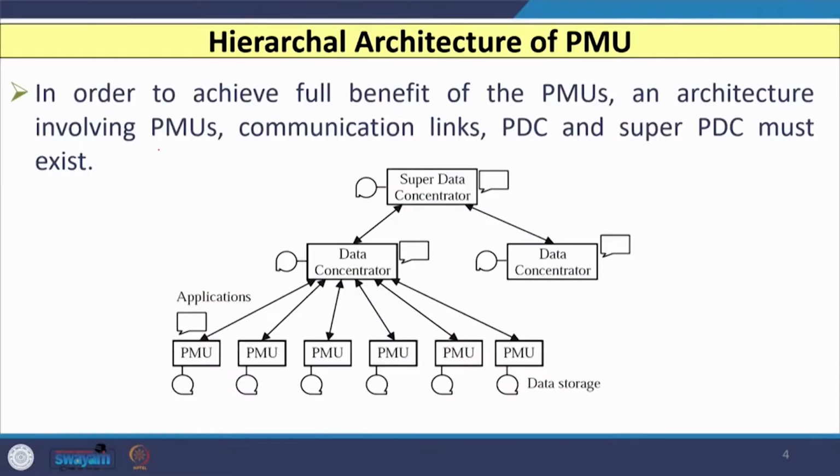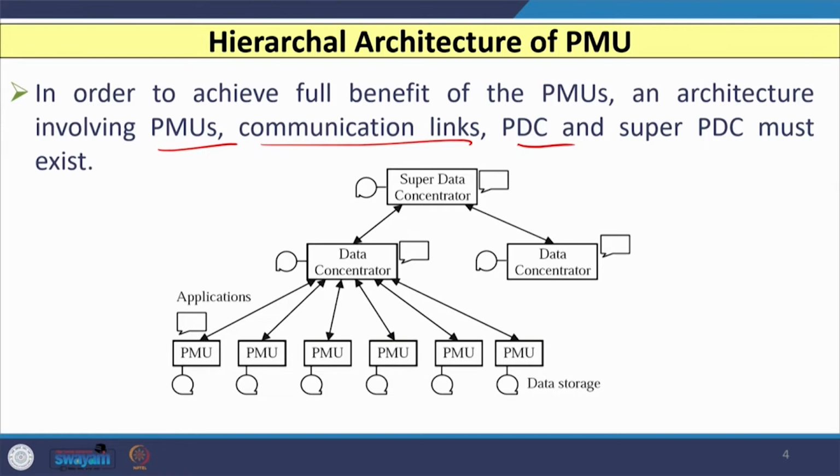Now, if we consider the hierarchical architecture of phasor measurement units, then in order to achieve the full benefit of phasor measurement units, an architecture which involves phasor measurement units, communication links, phasor data concentrators and super phasor data concentrators will exist in the hierarchy.